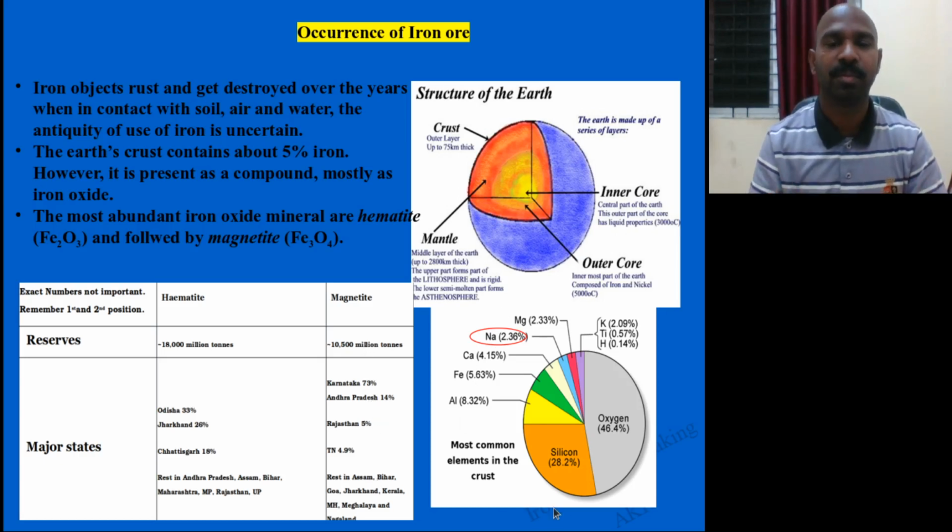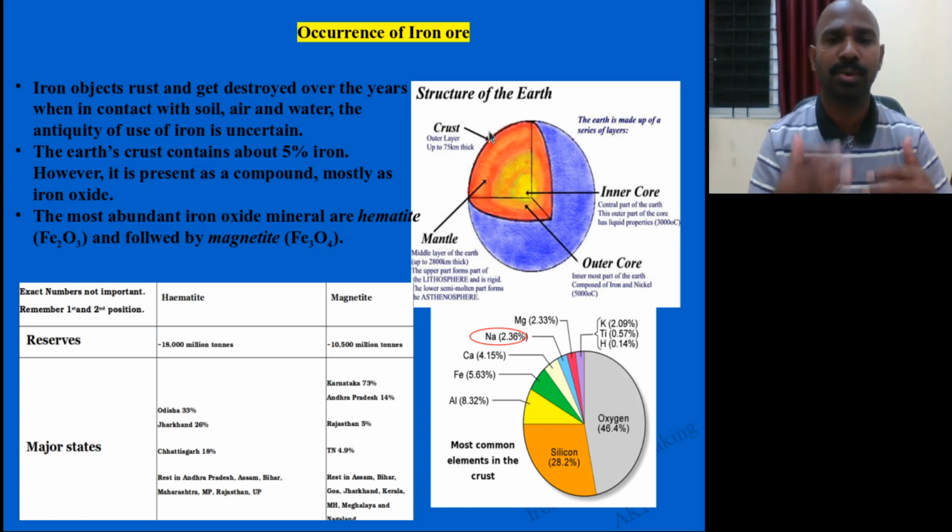This is basically the pie chart of various elements in the earth crust, which is the topmost layer, around 75 kilometer thickness of earth. Below that is the mantle layer, below that the outer core layer, and below that the inner core layer.